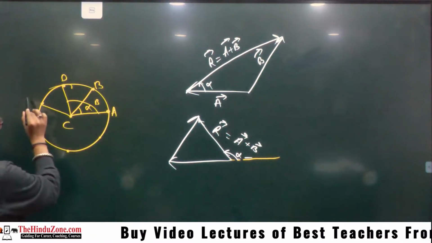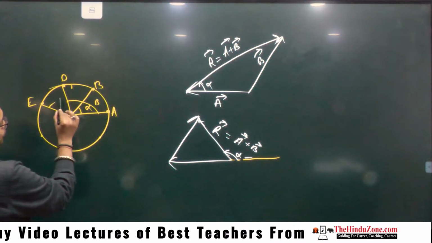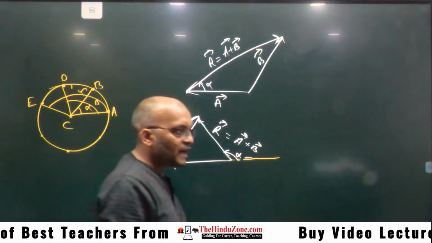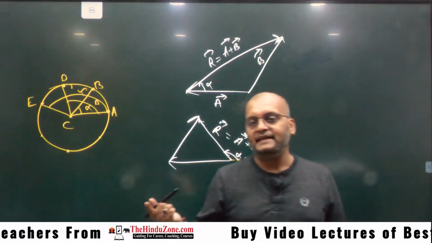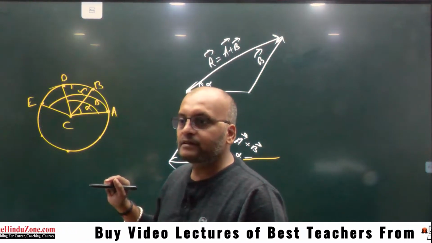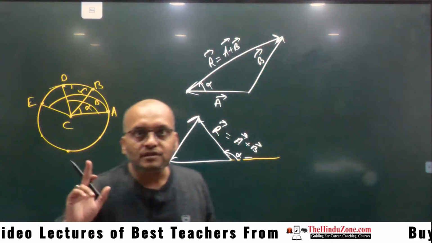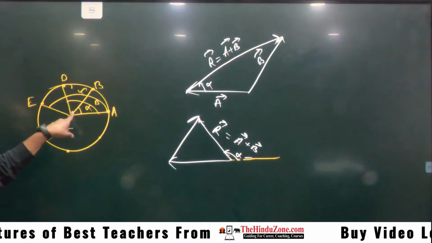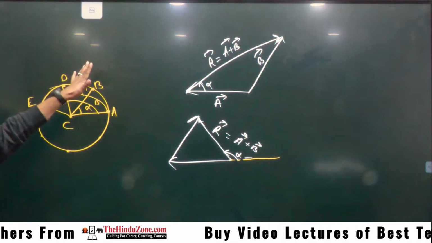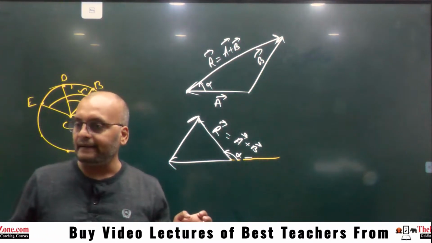Zoya reached point E. Again she is making some angle from the center. Let me call this angle gamma. So what I mean is that if Zoya tells the angle to Nikita, at this angle you can find me. If she knows the angle, she can find the exact position. Alpha means A, beta means B. The exact position can be found out just by knowing the angle.